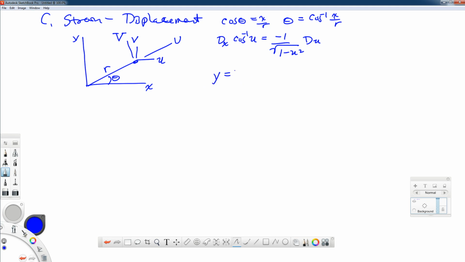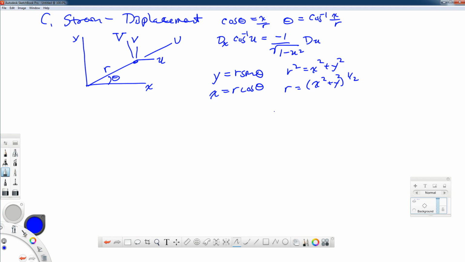We're going to have y is equal to r sine theta, x equal to r cosine theta, r squared is equal to x squared plus y squared, r equal to x squared plus y squared to the 1/2 power.